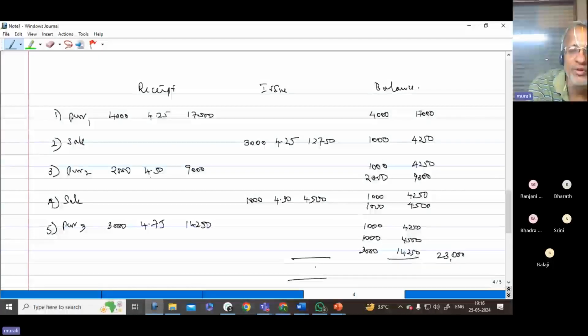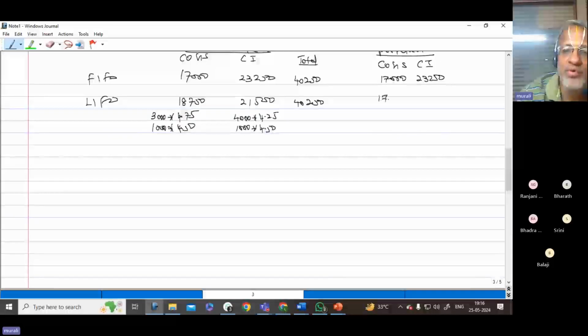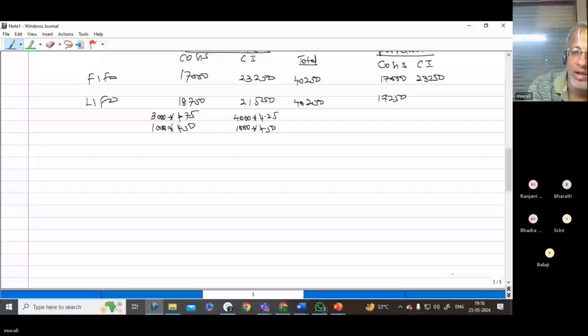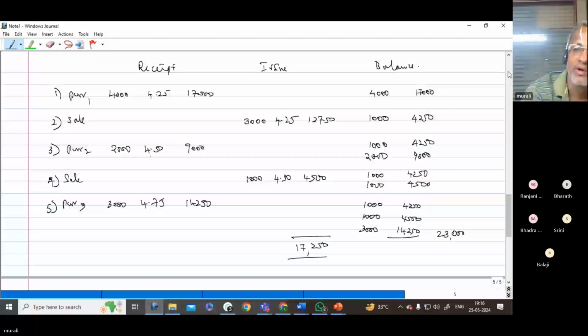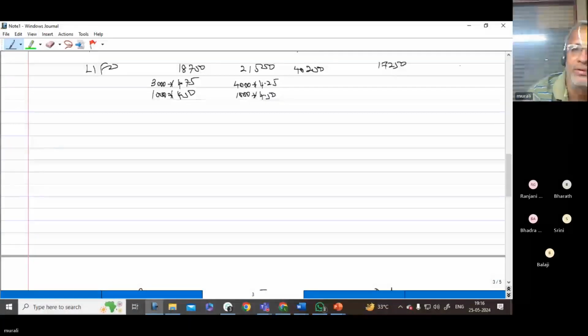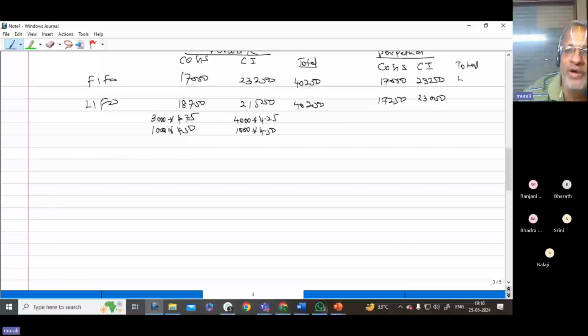Cost of goods sold is going to be 17,250. So here it will be 17,250 and 23,000. So your total will continue to be 40,250 only in both the cases.